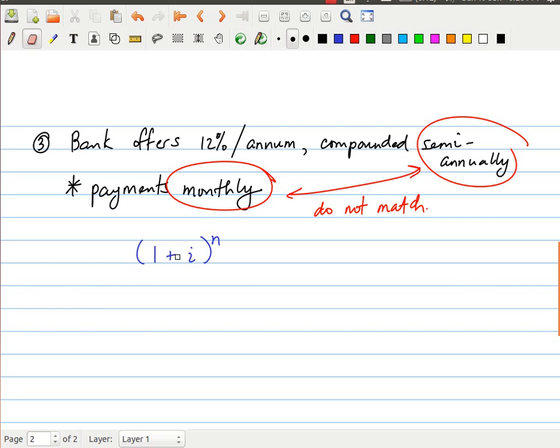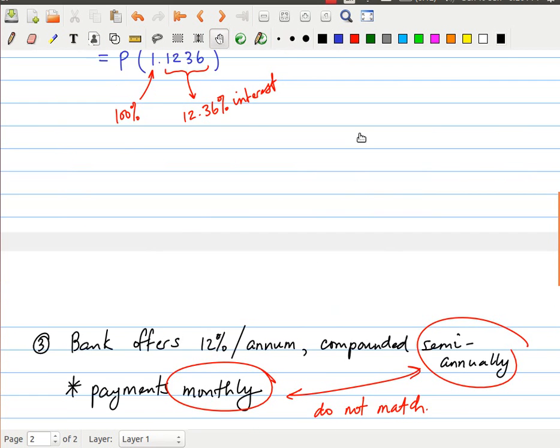What really matters is this idea of 1 plus i to the n. And in this case, 1 plus i to the n is 1 plus 0.12 divided by 2 all to the power 2. And that's just like we did in the previous page, in the previous example.